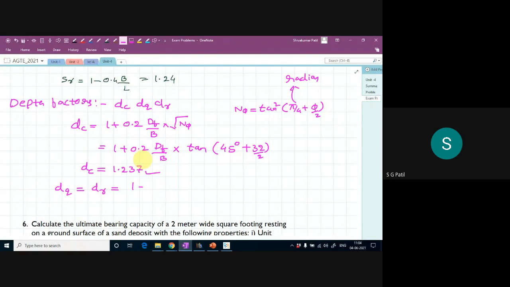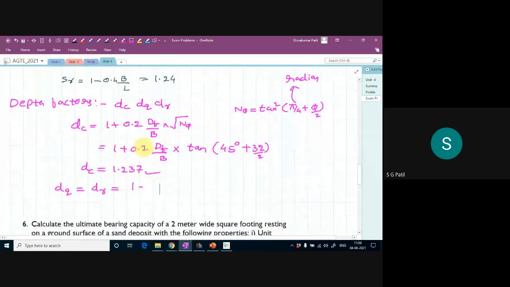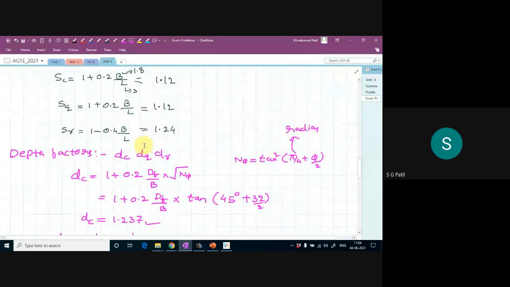How much depth of footing is given? 1.5. 1.5 by your breadth, which is how much? 1.8. Okay, multiply by 0.2 plus 1. I am getting 1.237. Correct, it is 1.237 only.